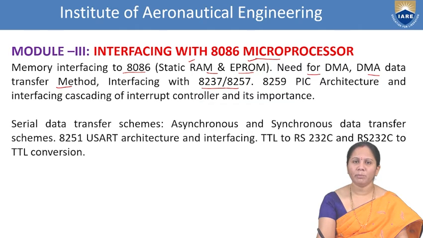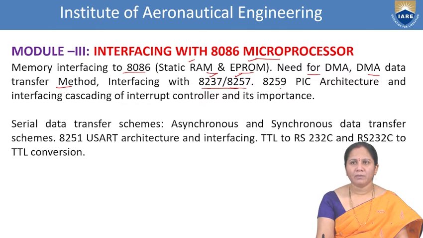The DMA controllers may be either 8237 or 8257. We have learned about the pin configurations of both the 8237 and 8257 DMA controllers. Next we have covered the architectures and different registers available in these 8237 and 8257 DMA controllers.